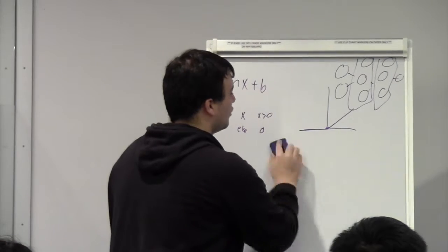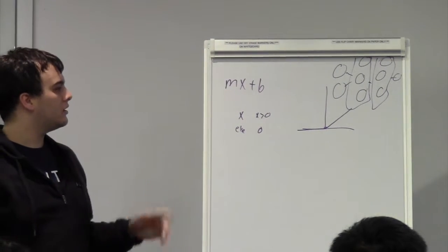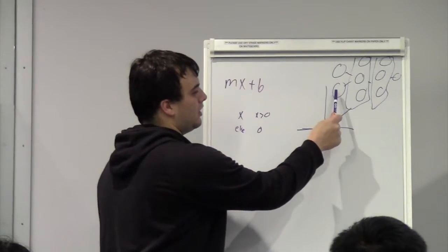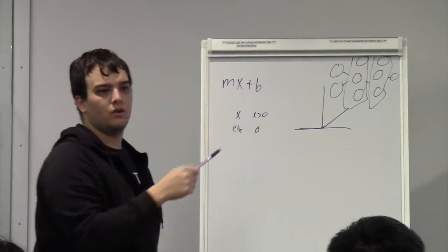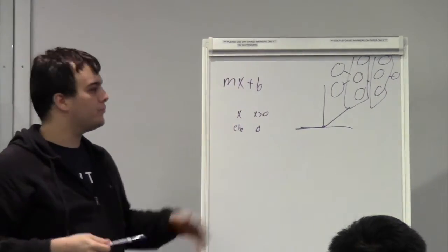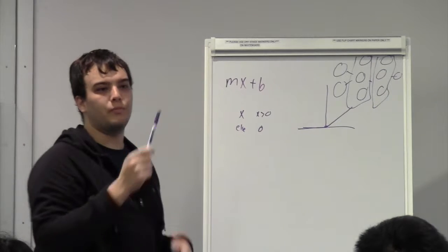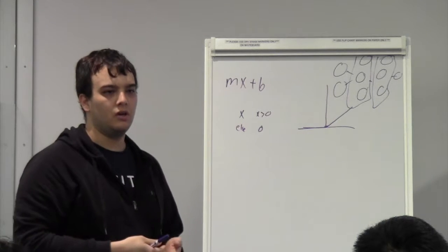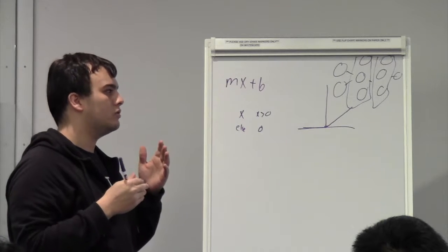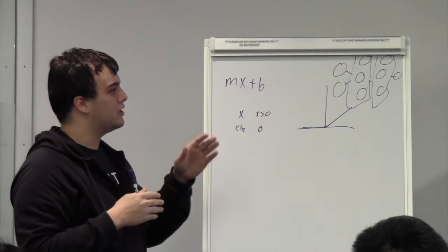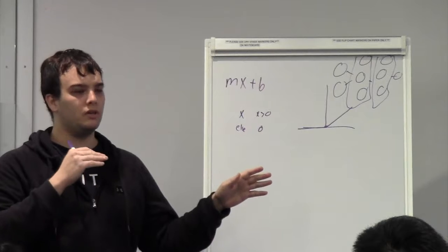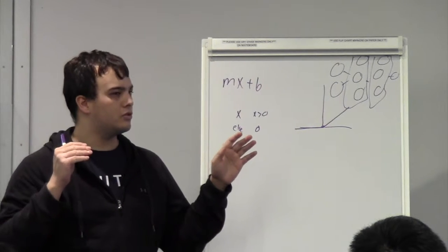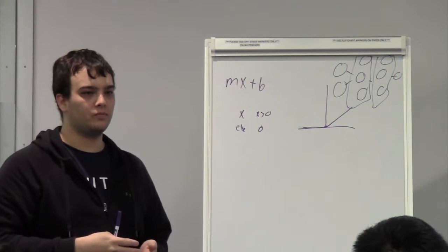So what's going to happen then is we're going to pass everything through the mx plus b, and we're going to get the output. We're going to compare it, and we're going to generate a loss function, essentially how much different the true value is compared to the predicted value.